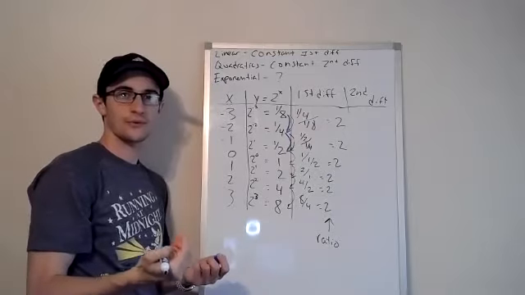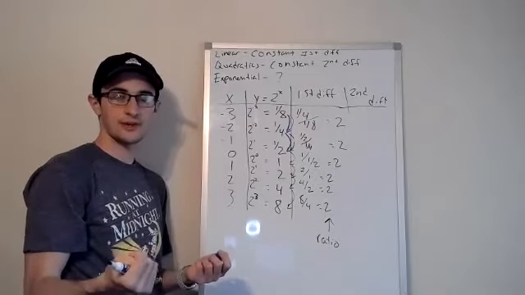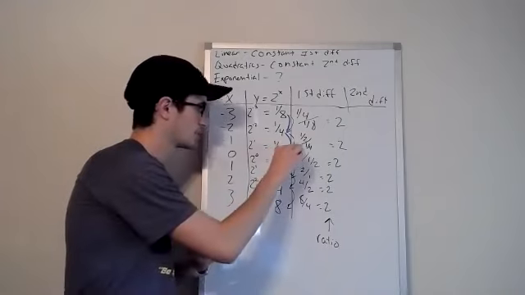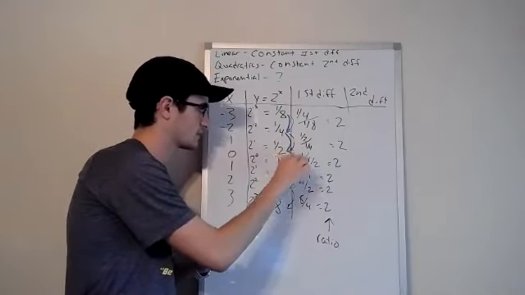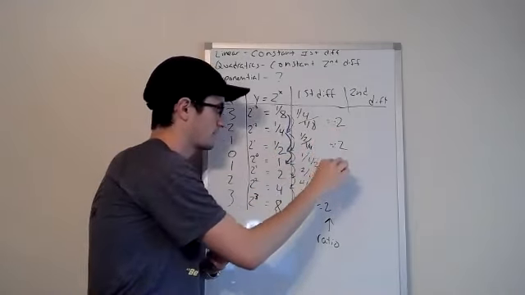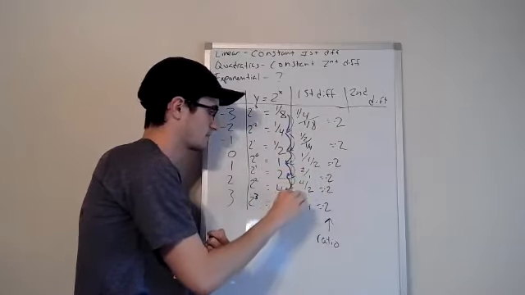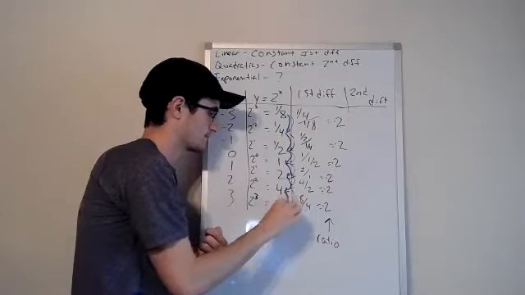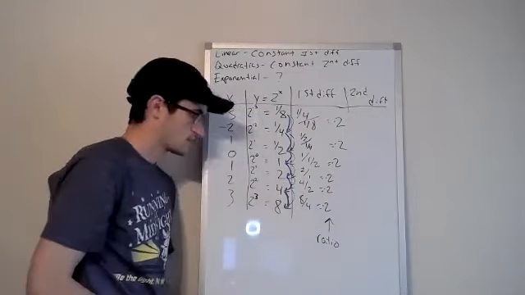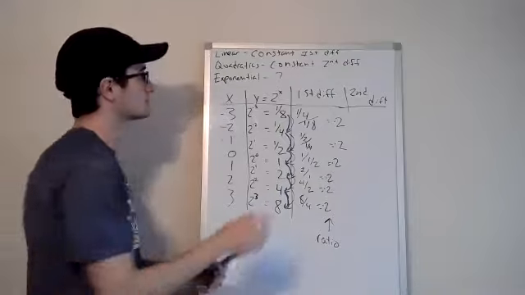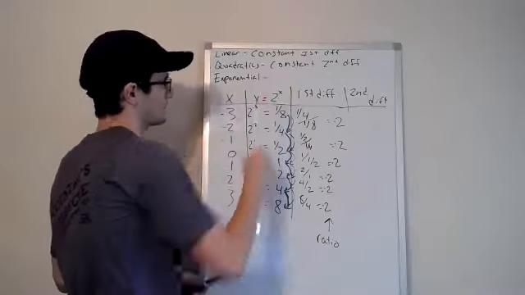To go from 1/4 to 1/2, I'm going to multiply it by 2. To go from 1/2 to 1, I'm going to multiply it by 2. I'm not going to add or subtract. Instead, I'm going to multiply by 2, and that actually holds for all of them. Okay, so that's the third option for exponential, what we're going to add today.